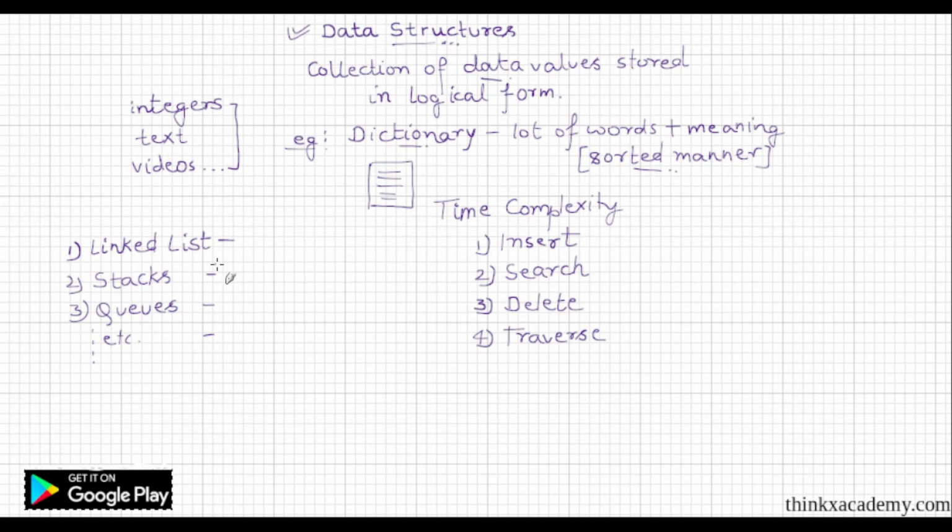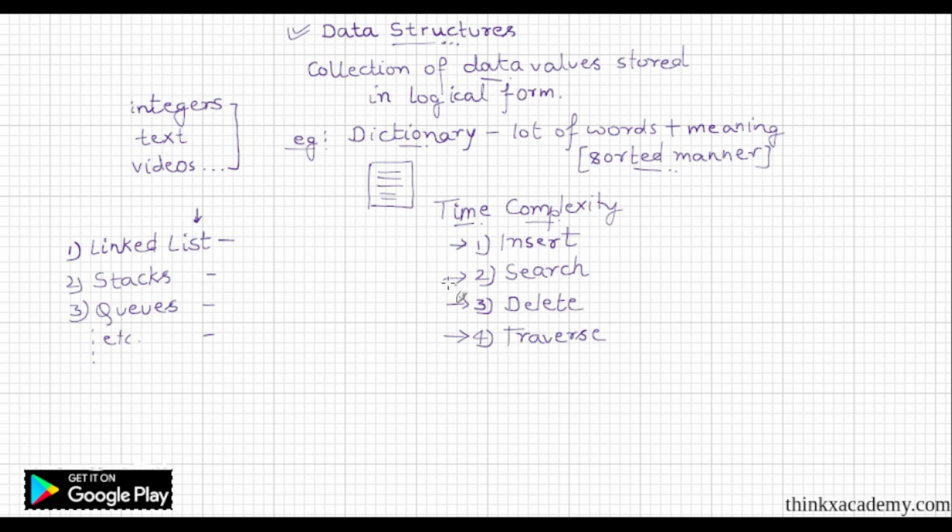The reason why we have different data structures is because it takes different time to insert, search, delete, and traverse using these data structures. For example, if you want to insert an element in a linked list, or if you want to search for an element in a linked list, it will take some time, and that time is known as the time complexity.